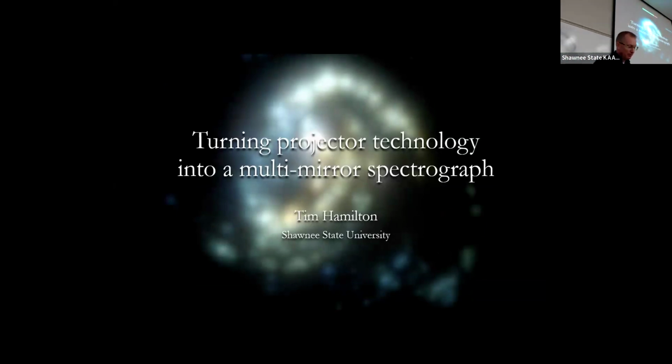Okay, so last year, some of you who were here may remember that I had done a talk on basically the same topic, about a reasonably new kind of instrument in astronomy over the last 25 years or so, which is called an integral field spectrograph, or simply integral field unit.